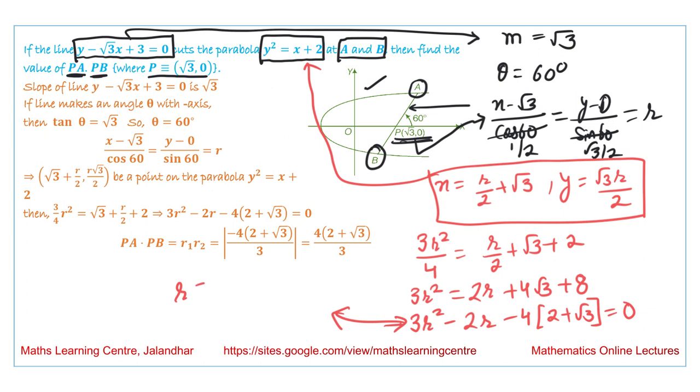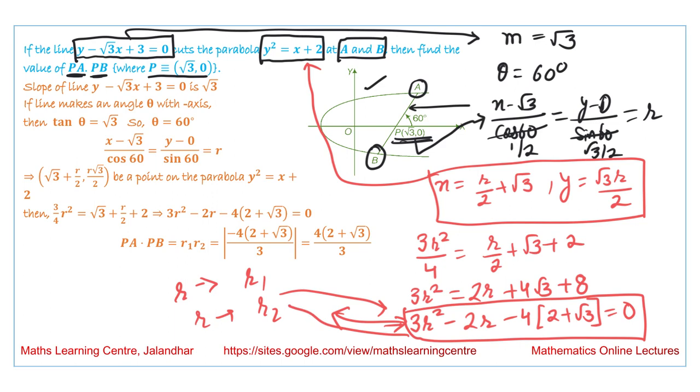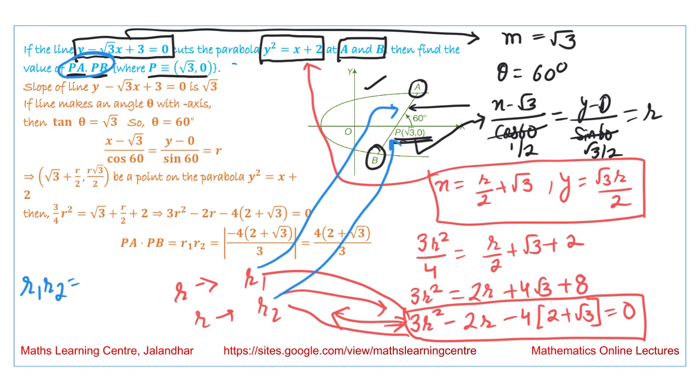One value is r1 and the second value is r2. When we solve this quadratic equation, we will obtain two values of r, one is r1 and second is r2, and we have to calculate the product of these two values. We have to calculate PA into PB. R1 will be this distance, R2 will be this distance. We have to calculate the value of R1 into R2, that is, the product of roots.